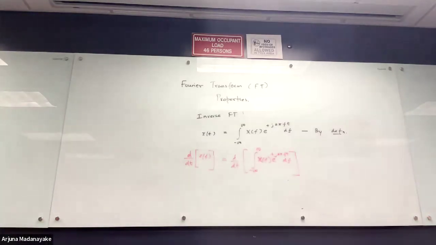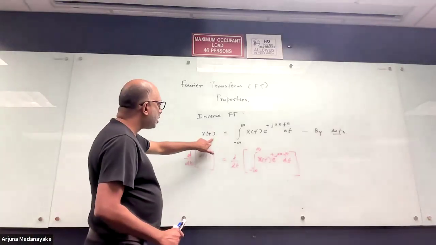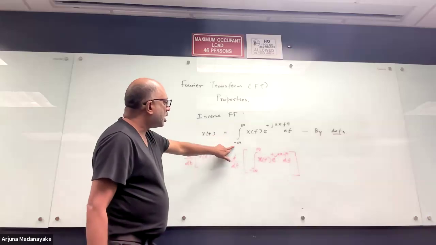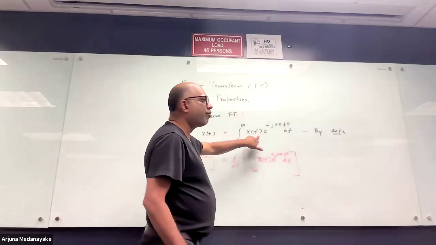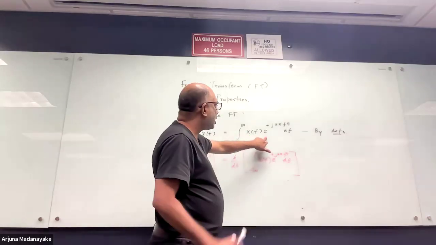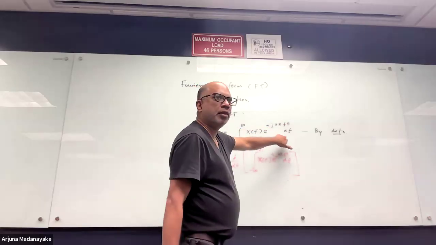Take a moment to let that sink in. We started with the definition of x of t as the inverse Fourier transform. By definition, x of t is given as the integral from negative infinity to positive infinity of capital X of f, the Fourier transform, times the basis function e to the plus j 2 pi f t df, right?